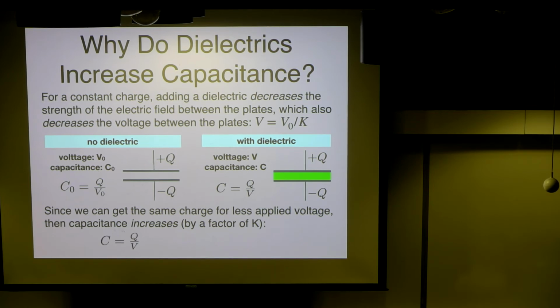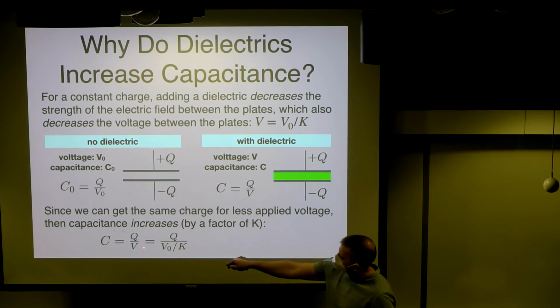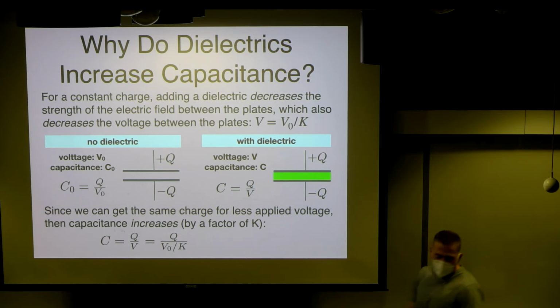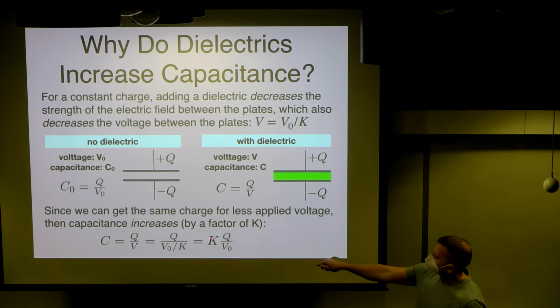In other words, capacitance is Q over V. And the voltage changes by a factor of K, V equals V naught divided by K. The K can just go straight to the top, so we have K times Q over V naught.